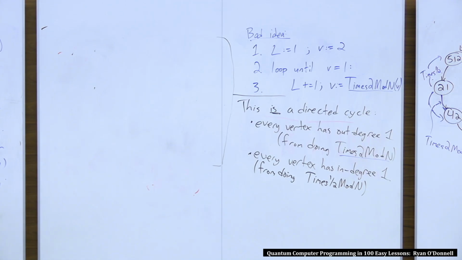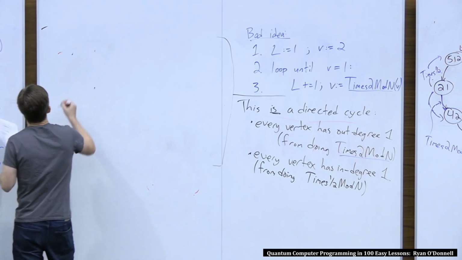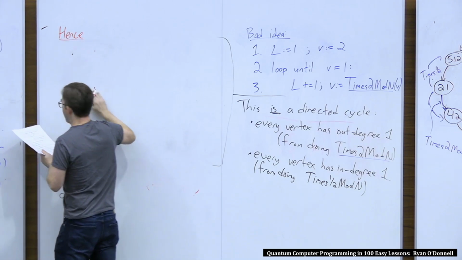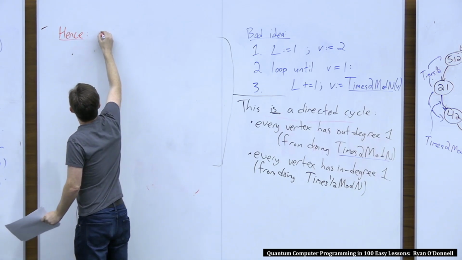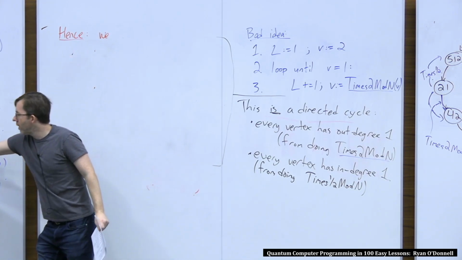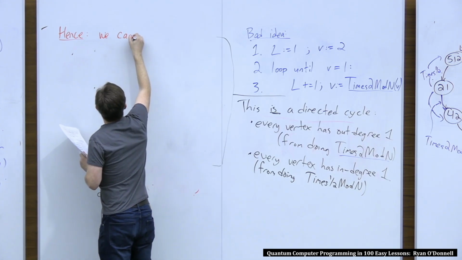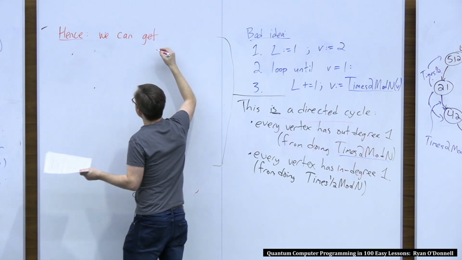So the summary here is, hence, by some stuff we did on homework 3 and so forth, we can convert the code for this and the code for this into a quantum code. And it's about the same number of instructions, so it's also efficient.